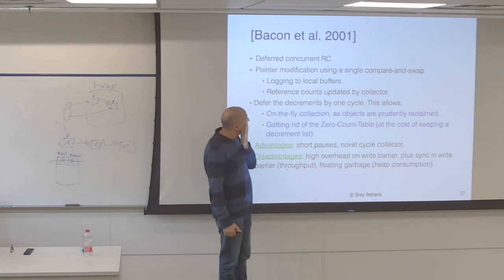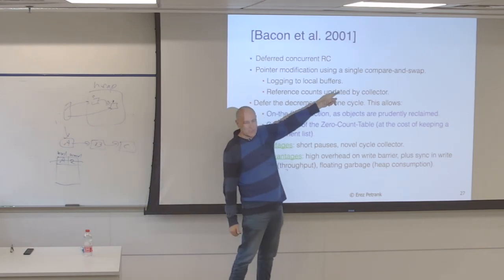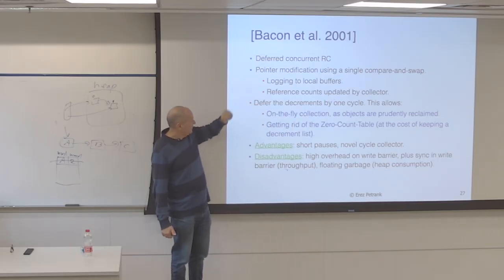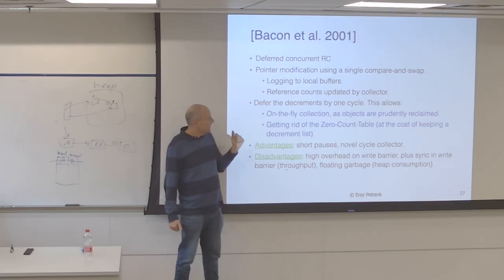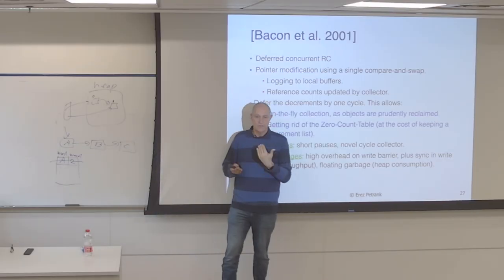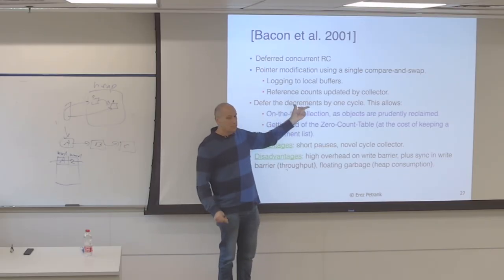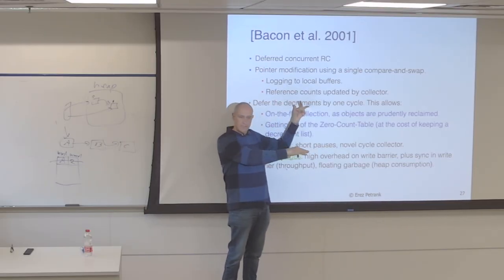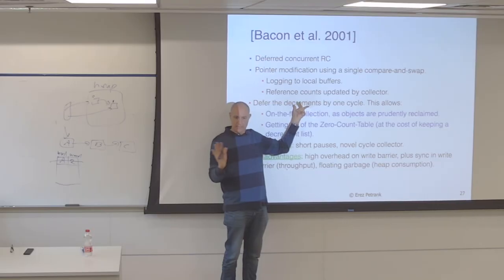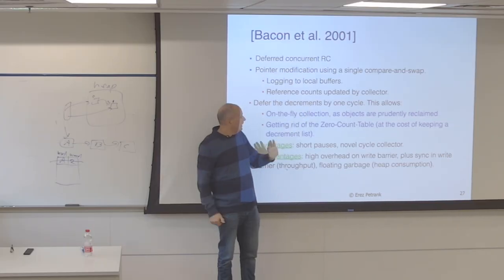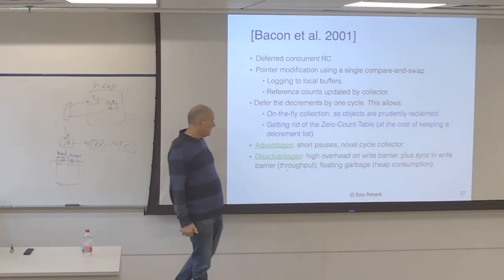They did a compare and swap instead of taking the lock, with the same deferred reference counting, of course. And they managed to get on the fly in all kinds of tricks. All the decrements were deferred to the next cycle collections to not create any error in reclaiming objects that are still reachable. They did all kinds of tricks.